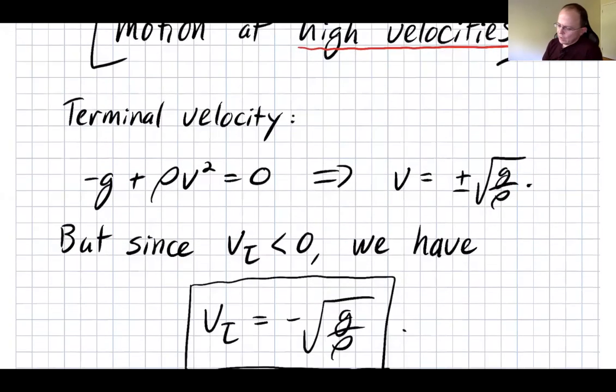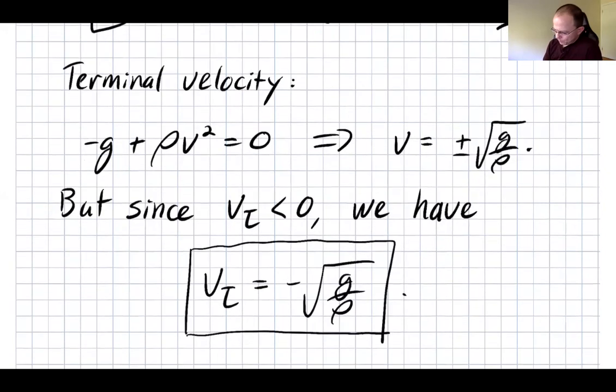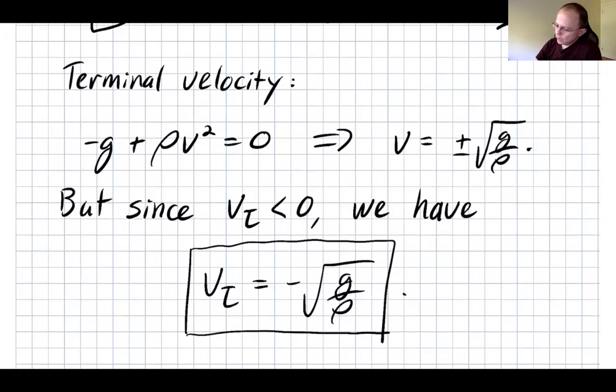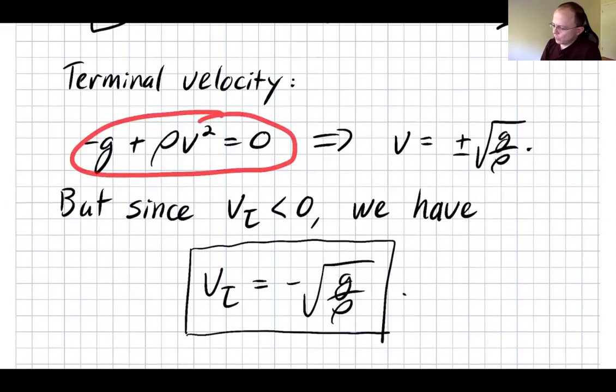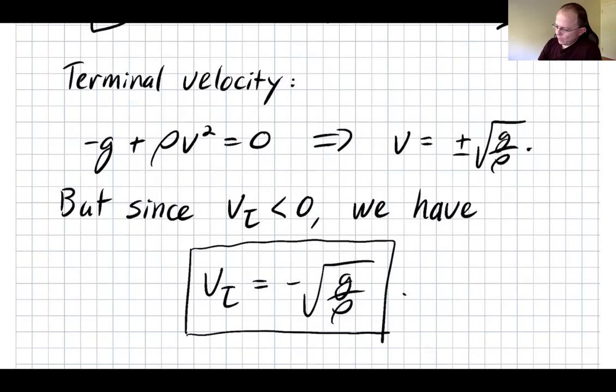In this model, the terminal velocity we can get by taking that downward differential equation and setting it equal to 0. So if we're traveling downward, we're looking at when there is no change in our velocity with respect to time.